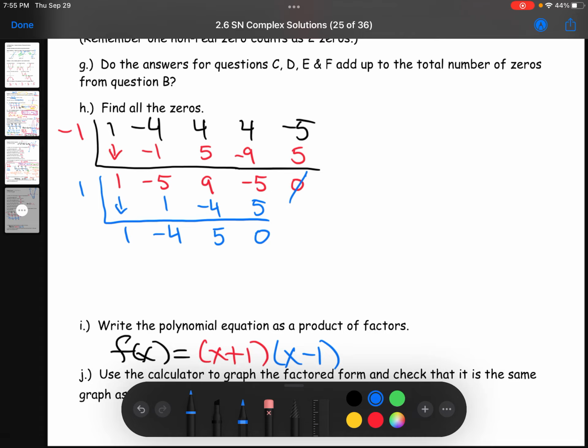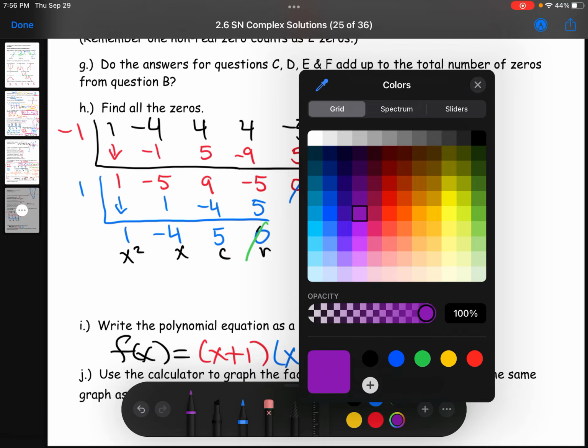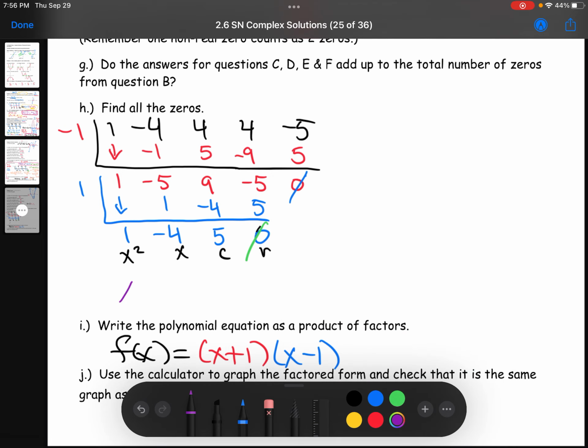And again, we are not surprised that we have a 0 in that remainder. There are no more real factors to divide out. That 0 was the remainder. 5 is the constant. -4 is x. 1 is x squared. So what that gives us as that next factor is x squared minus 4x plus 5.